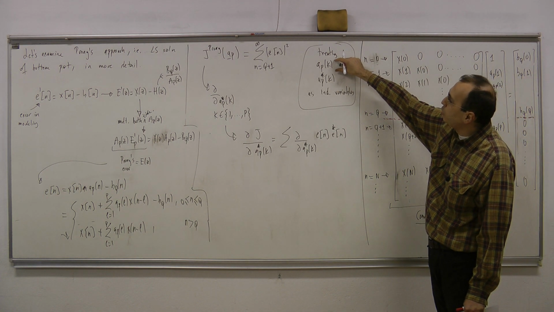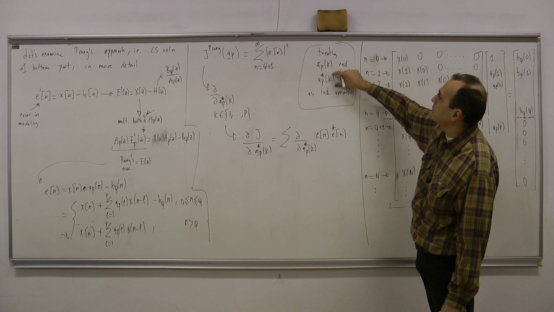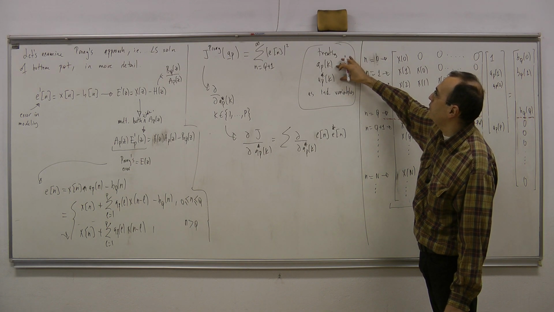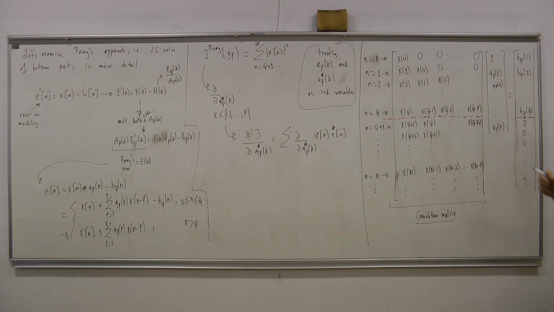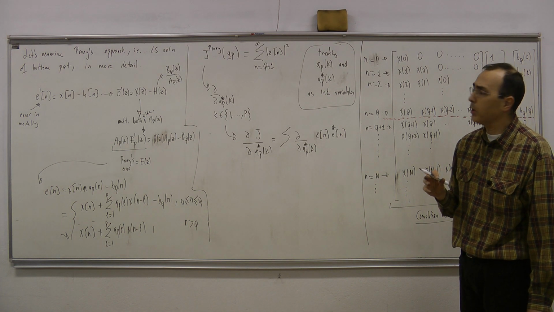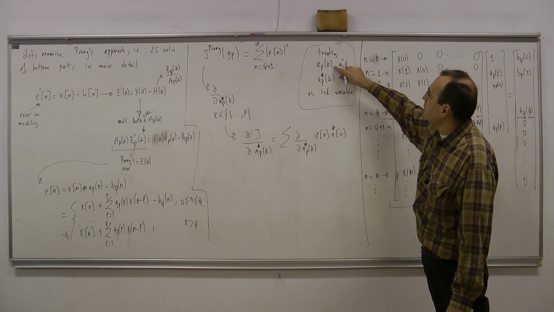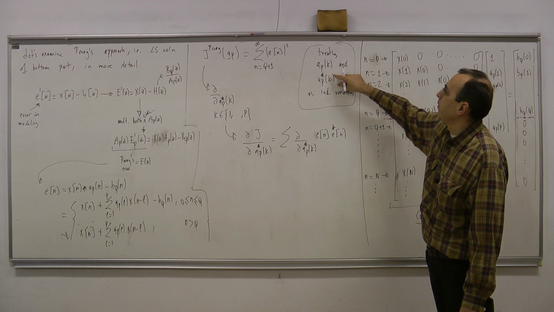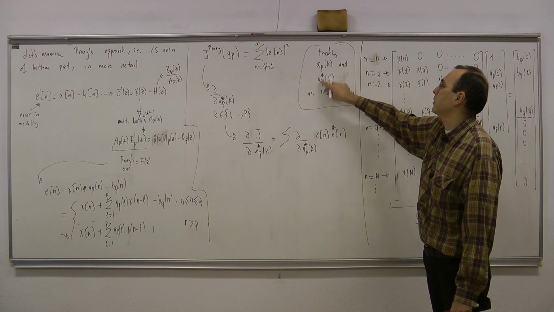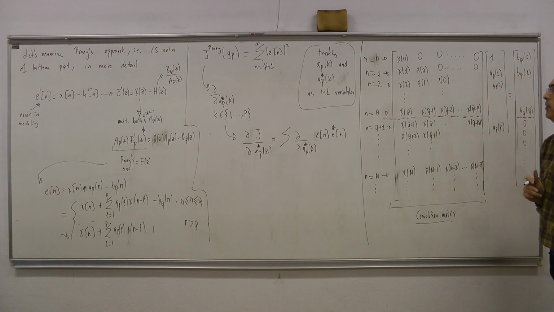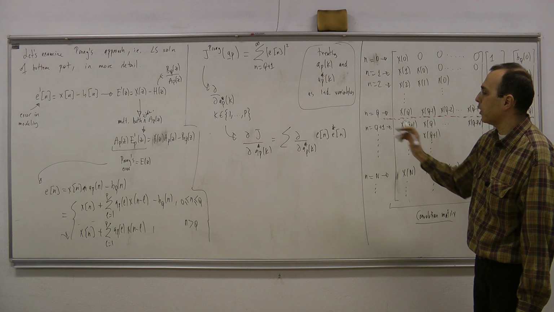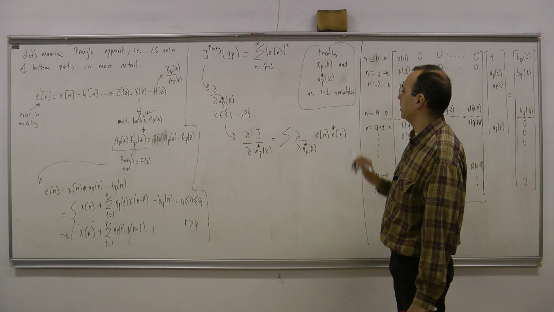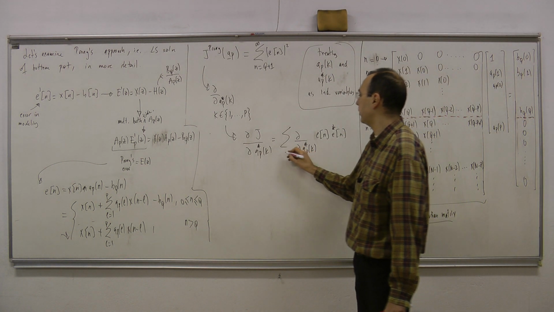Or you can define 2 other variables, the variable and its conjugate. So for example, if you add these 2, you get the real part times 2. If you subtract those 2, you get the imaginary part times 2. Okay? So you see that if this variable is complex valued, maybe it makes sense to define this conjugate variable as an independent variable. Okay? So we can discuss that later on, but for our purposes, let's accept this result and let's try to evaluate this derivative.